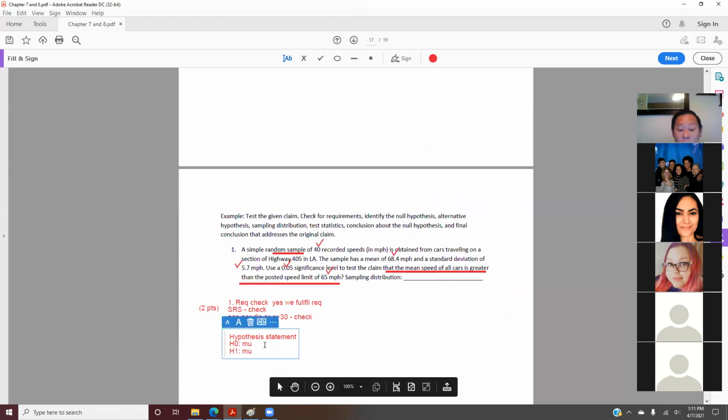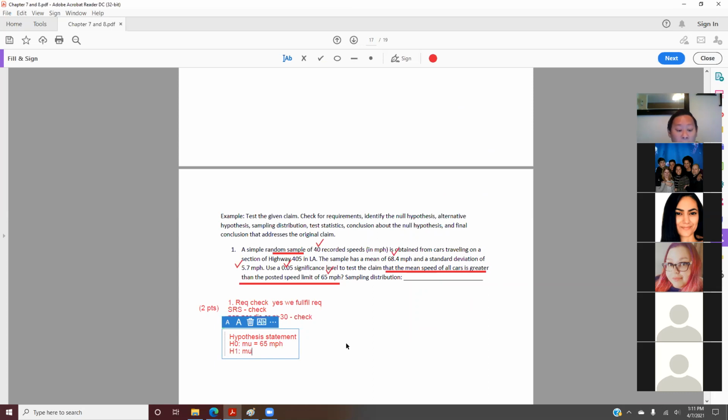And H0 is always equal to, sorry, your null hypothesis is always equal to. Where we put the number for it is based on the claim value. So what's the claim value we have here? 65. And it does have a unit, 65 miles per hour, MPH.